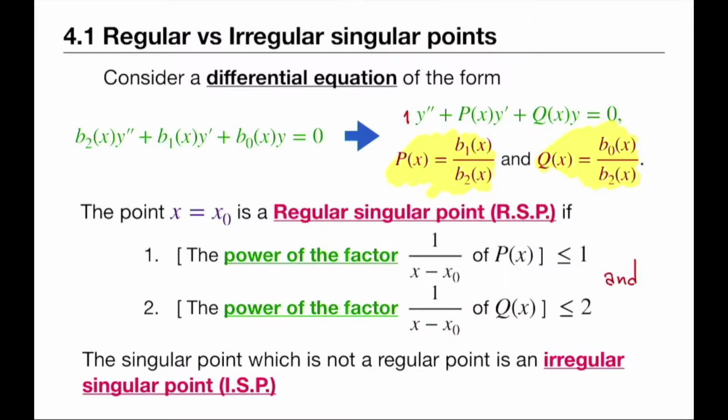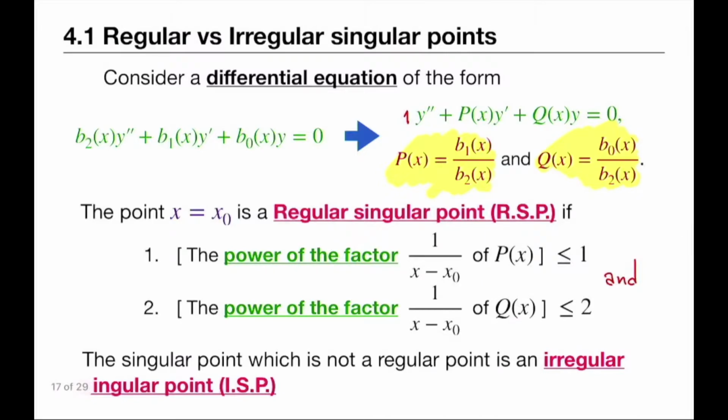The conjunction is and, so both of them need to be satisfied. The points which are not regular are called irregular points. I know this is quite abstract, but it will be clear when you see the example.